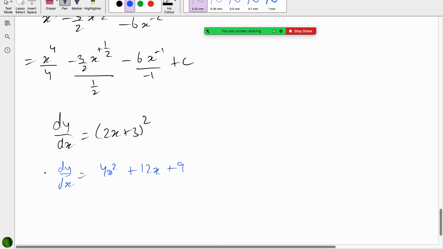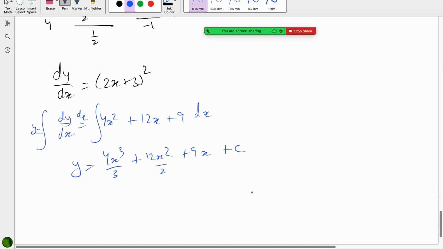Second is integration. So when we integrate it with respect to x, we get y. So y is equal to power plus 1 over new power for each term, plus c. This is the first way. And the second way is you can do it directly, 2x plus 3 whole squared.